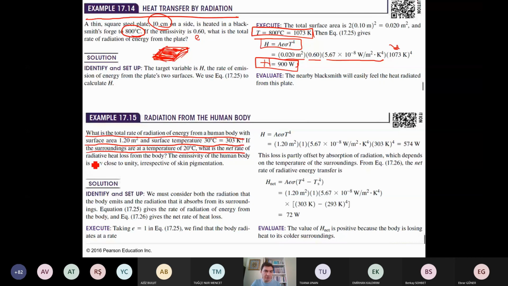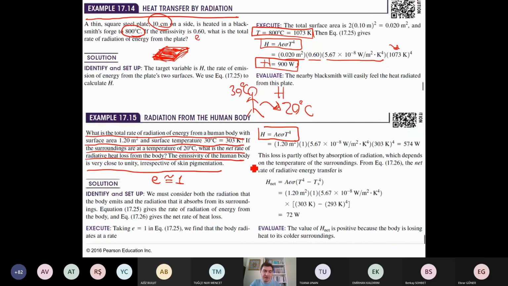The emissivity of the human body is very close to unity, irrespective of skin pigmentation. So this is the body radiation rate: area of the body, emissivity of 1, the Stefan-Boltzmann constant, and the temperature of the body to the power 4. This is the total rate of radiation of energy which we have calculated.